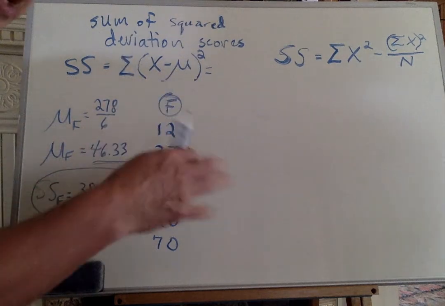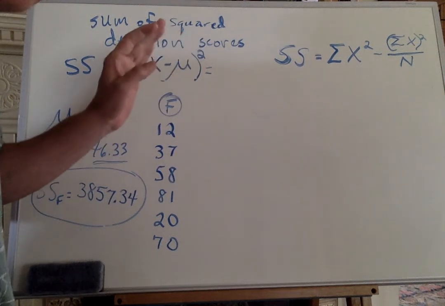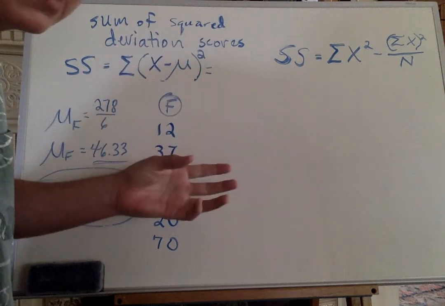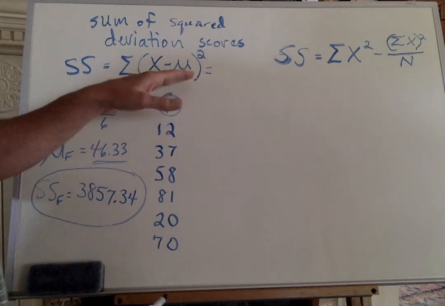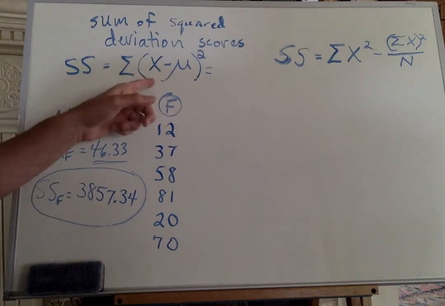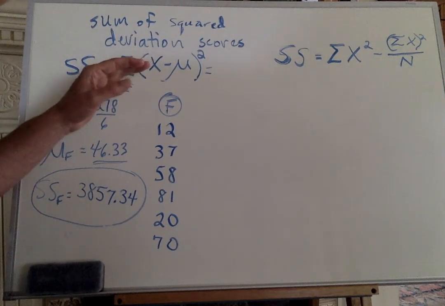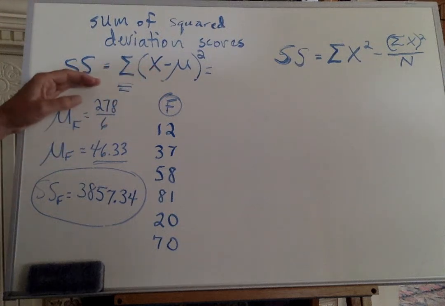The square was just to get rid of the negative. We have to do that. But that's what it does. It just gets rid of the negative so we don't have this zero balance, okay? And then this says, do it for all of the scores, not just one. So by looking at this formula, you should be able to see the definition, the conceptual basis of sum of squares.